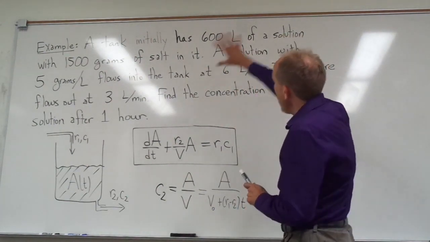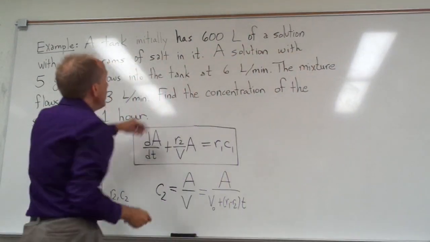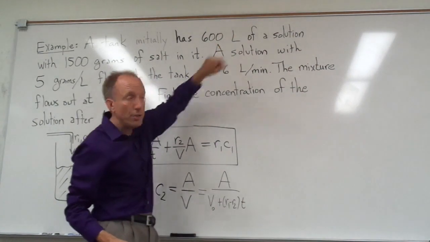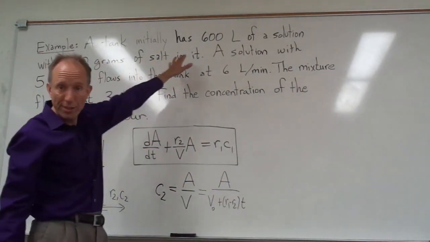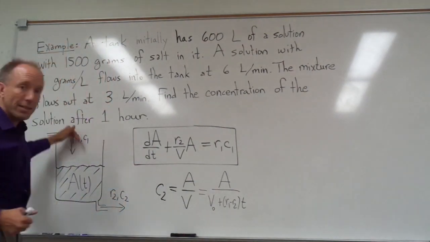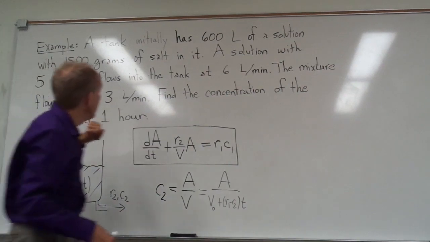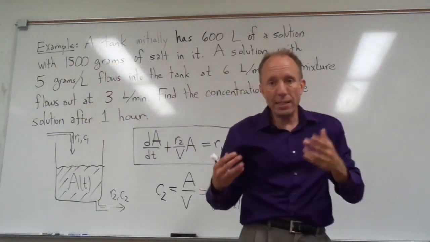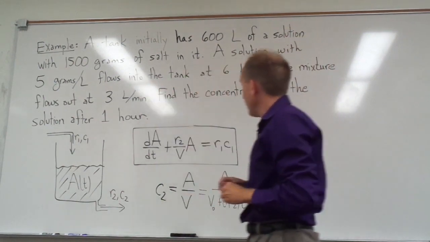So we have a problem here, and we need to just read it very carefully. We initially have 600 liters, and we have 1,500 grams of salt in the solution. And flowing into the tank, we have a solution with 5 grams per liter, and it's flowing in at 6 liters per minute, and flowing out at 3 liters per minute.